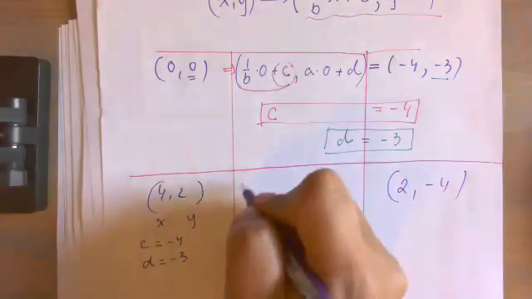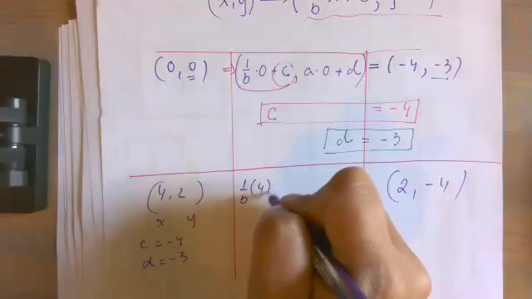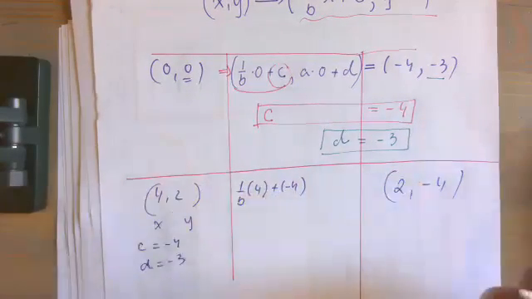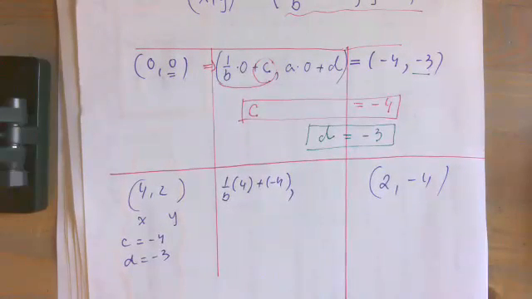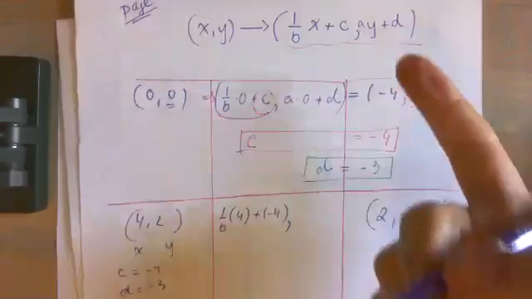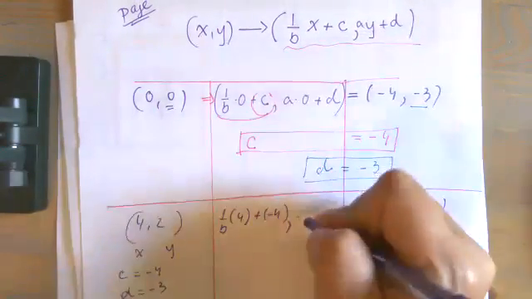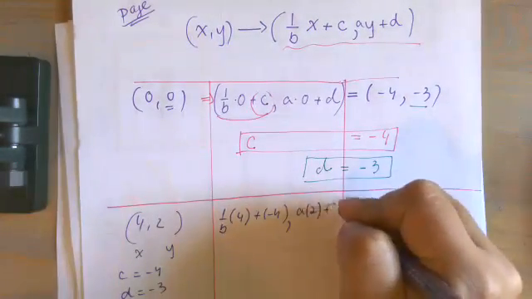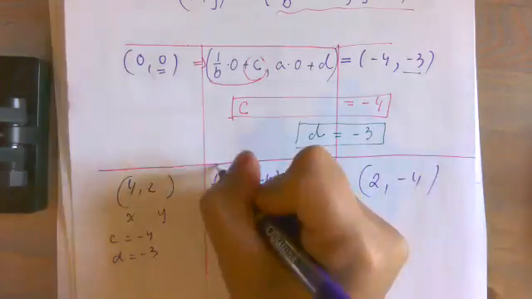We have 1 over b times x, which is 4, plus c, which is -4. That's the first one. And then for the second part, the y coordinates, we have a times 2, and d is -3, so plus -3. Those are our rules.